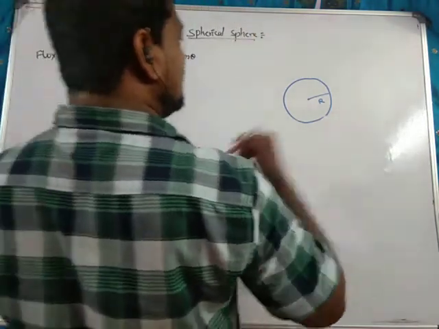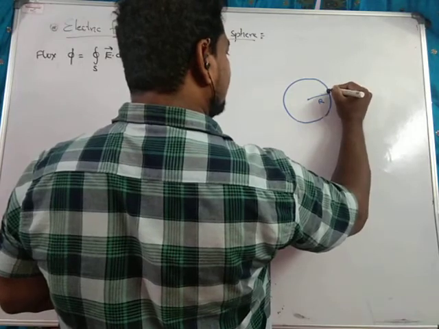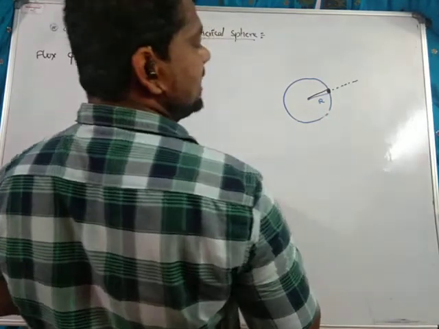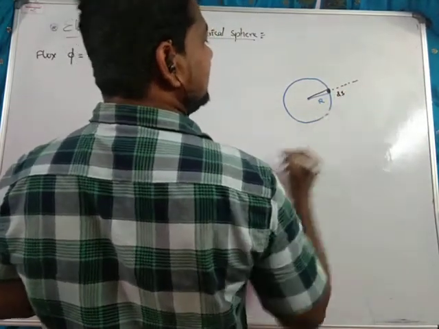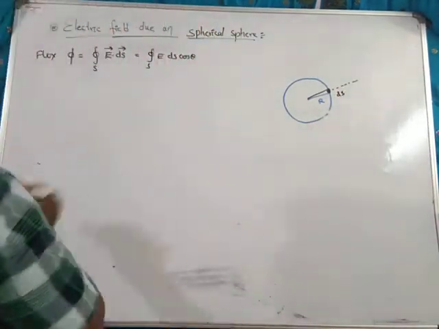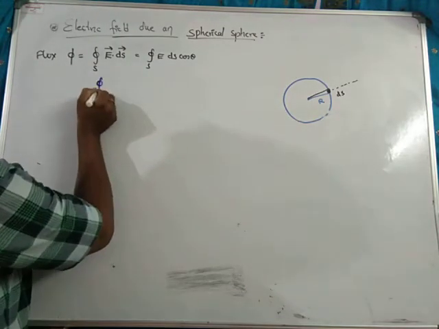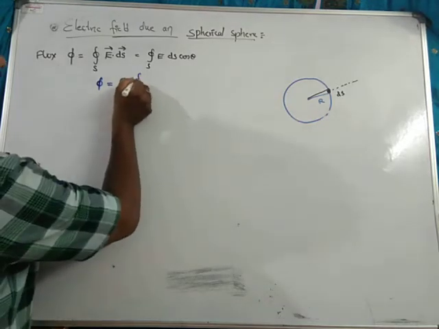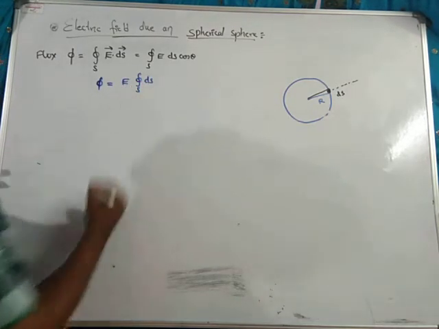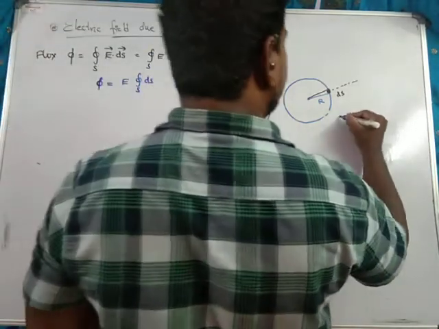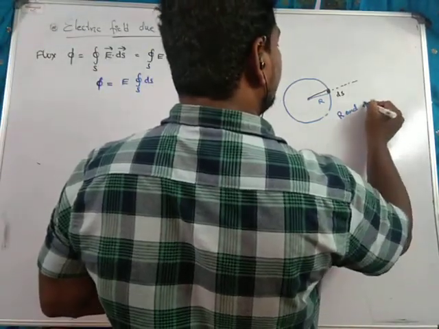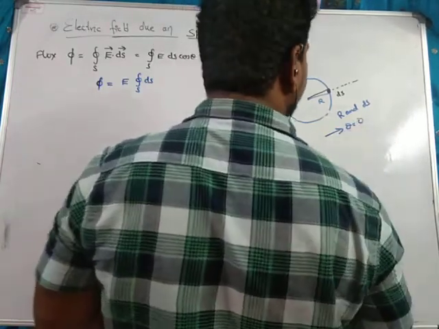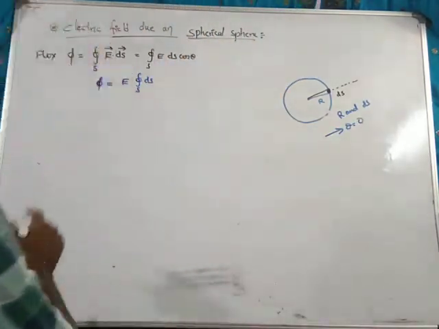Suppose you place a small area here, from this we get some field lines. The surface we consider as ds. So the flux is equal to E, which will be constant, times the integration of ds, and here the radius and ds both have the same direction, which implies theta is equal to 0. So cos 0 is equal to 1.